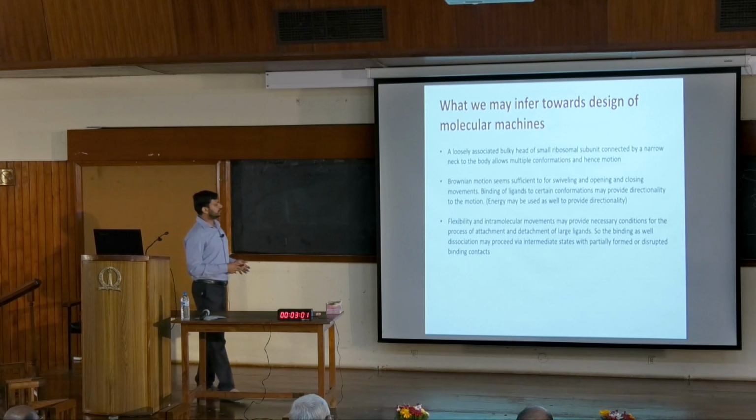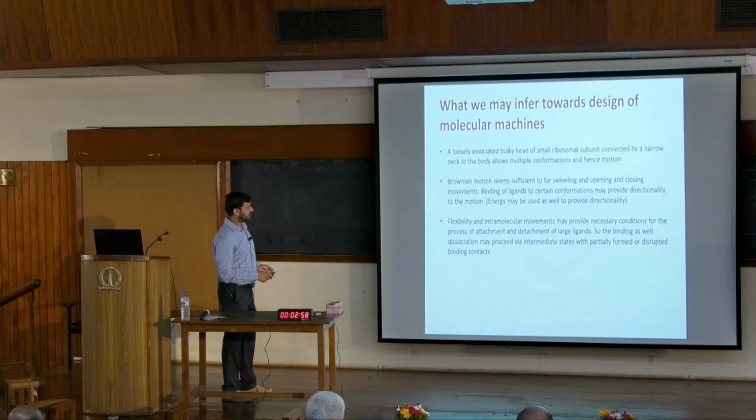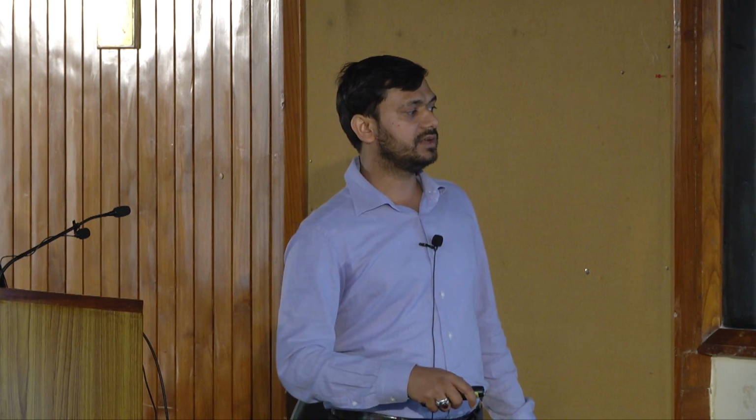And what we also see is that there is a lot of flexibility in the molecular machine, the ribosome subunit that we see here, and a lot of intramolecular movement, and this is really essential because it provides different conditions of attachment and detachment of large ligands. Ligands like the tRNA and the different initiation factors are huge ligands which are attached to the ribosome by non-covalent linkages.